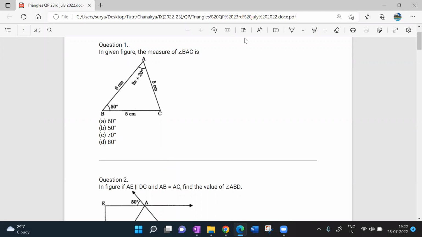Yes, Nitya is joining now. Yes, guys, tell me what is the answer for the first question. 50, sir. How do you solve that?